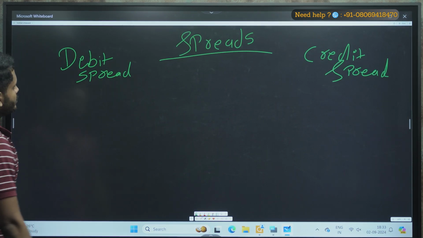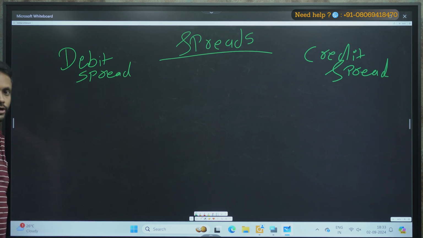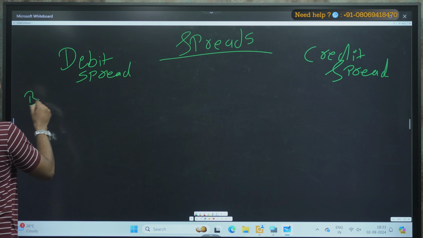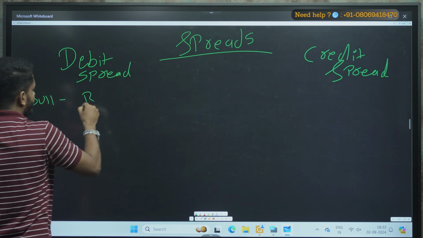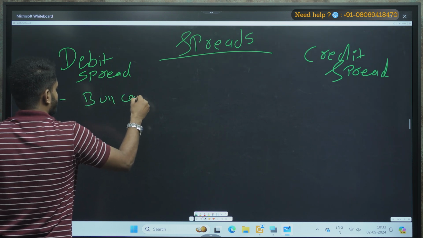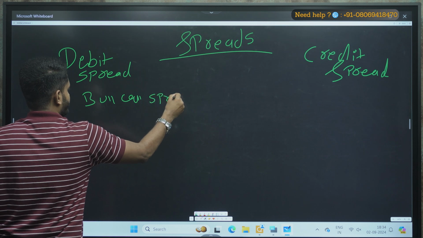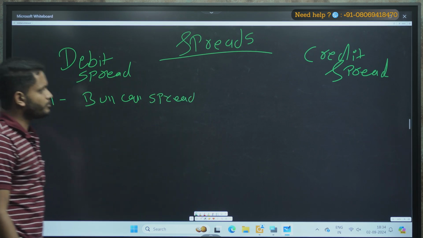Whenever talking about debit spread, if you are bullish, what we usually do is a plain bull call spread. Now, what is a bull call spread?